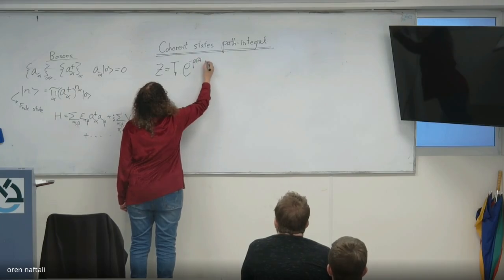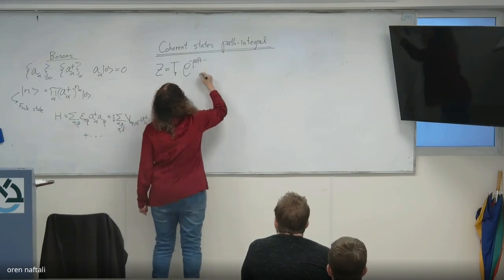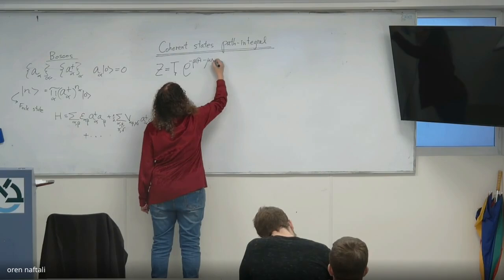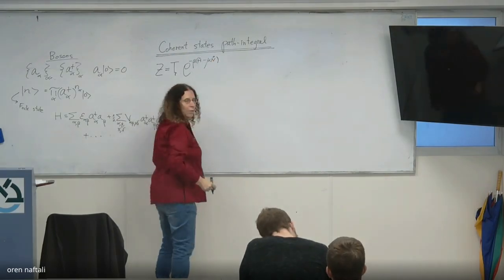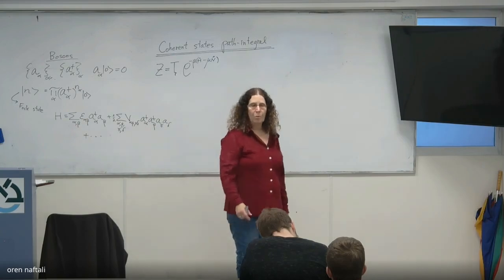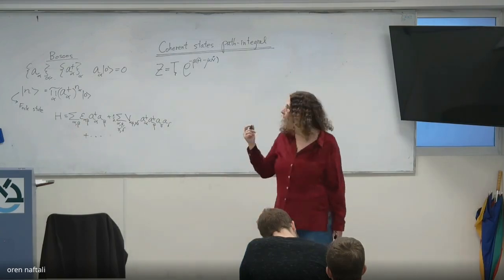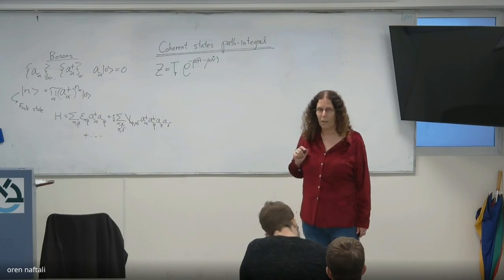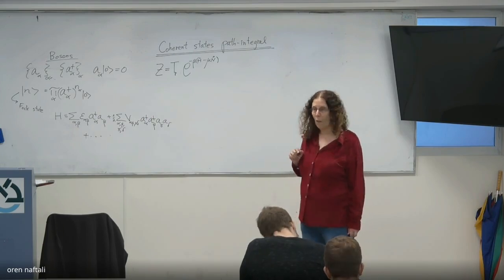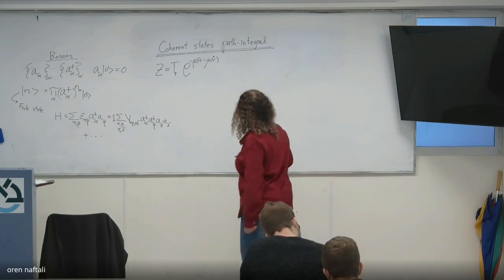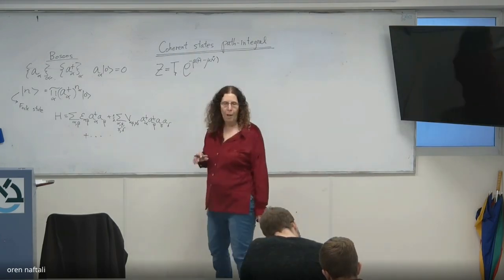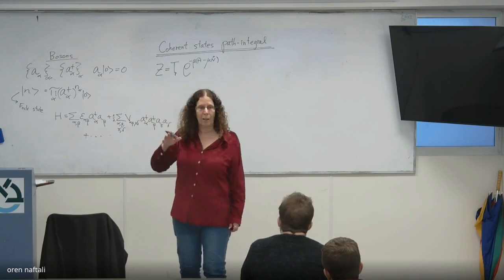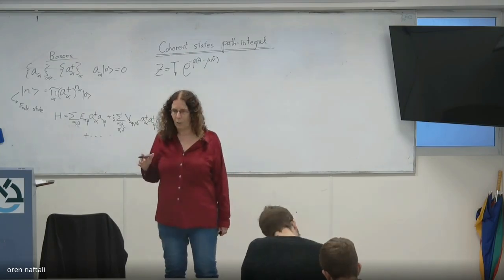Here I'm going to add to the Hamiltonian a term minus mu N, a chemical potential term. So what I'm writing, this definition, is the grand canonical partition function. You remember this from stat mech? So it is designed to describe a state where the number of particles is not dictated, it's set by the chemical potential. Okay?